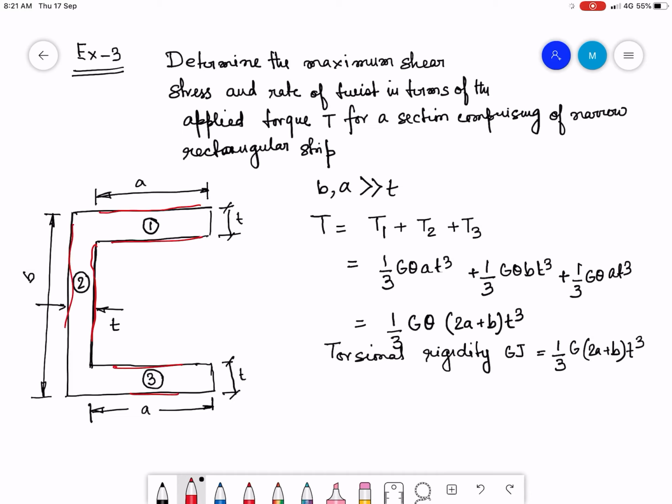Okay, and the value of maximum shear stress is going to be exactly the same as what we found in the earlier lecture, and we can write that maximum shear stress. Okay, so therefore, these are the two.